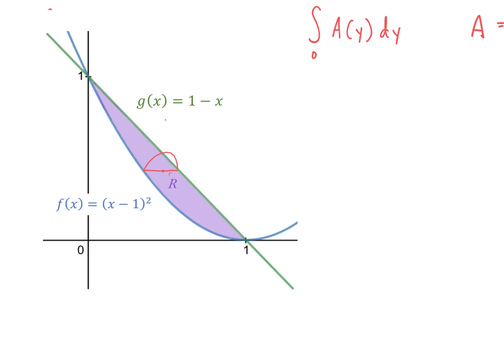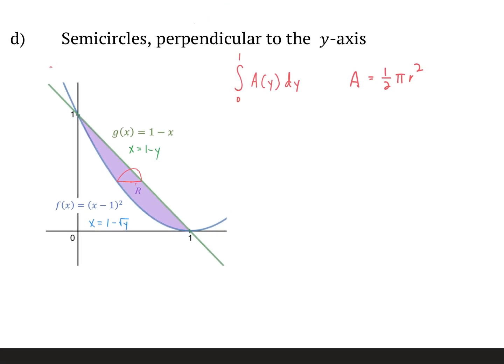This is really x equals 1 minus y, and this was x equals 1 minus square root of y. So that means that radius is the right one, 1 minus y, minus the left one, 1 minus root y.